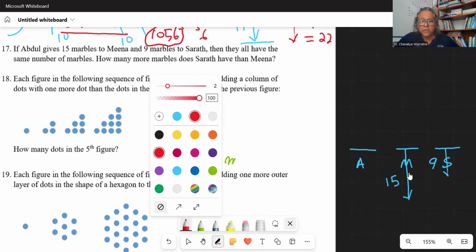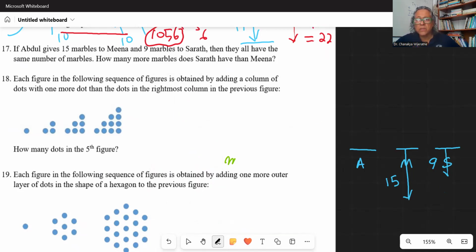Red. Still I can't see. So what does that mean? Still I can't see where my pen is. So let me remove it, reconnect.